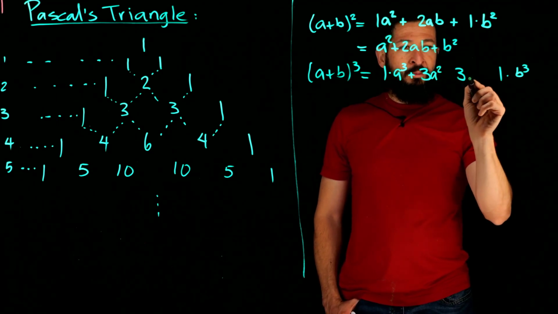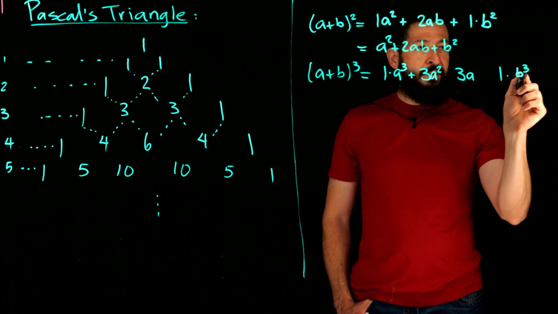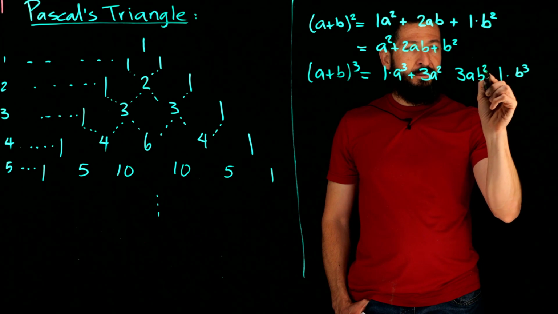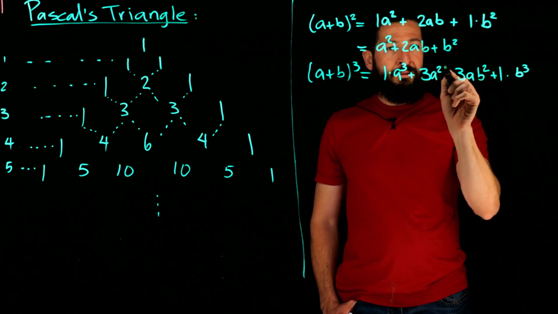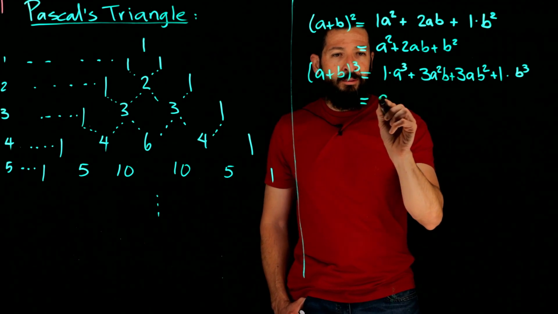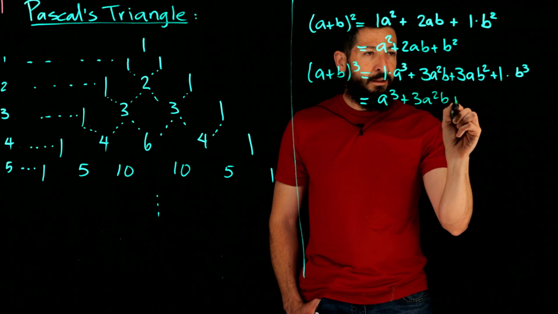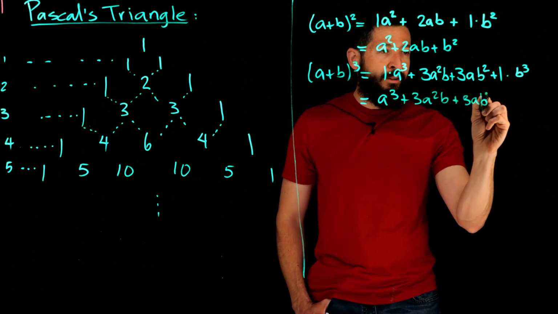And when I move to the next, I subtract 1 in degree, and I get to 0. The next one, I subtract 1, and I get to 0. So this right here gives me a way to write the cube without having to compute it out.